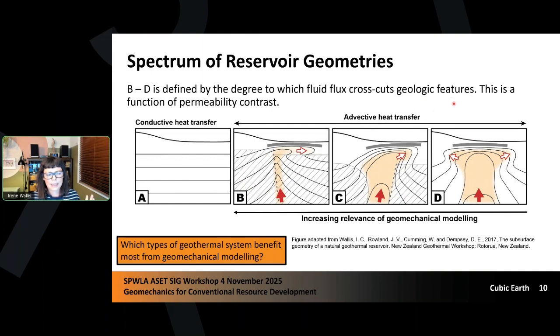And that cross-cutting is a function of permeability contrast. So theoretically, the background permeability in this case B, where the geothermal system is focused very around this fault and this tabular outflow, the background permeability could be sufficient for convection to form, but because of the permeability contrast between the fault zone and the area around it, you end up with this localization of the thermal anomaly.